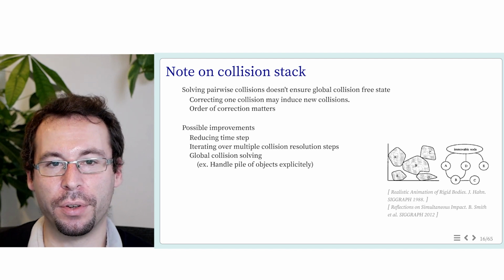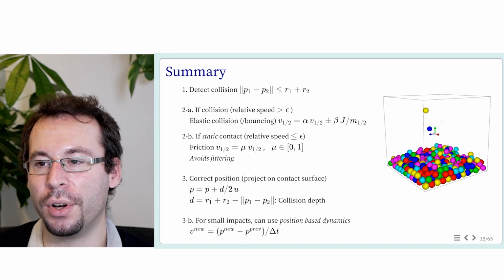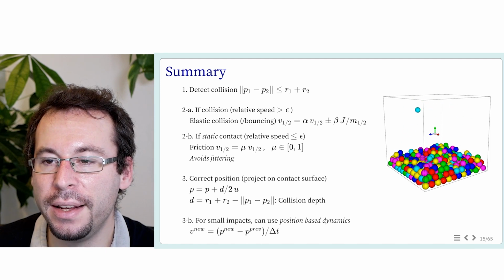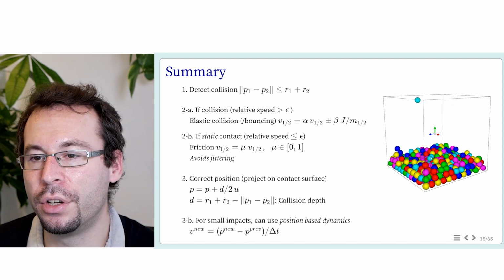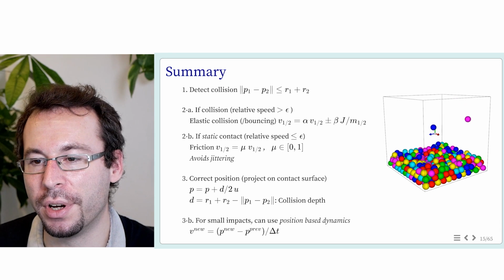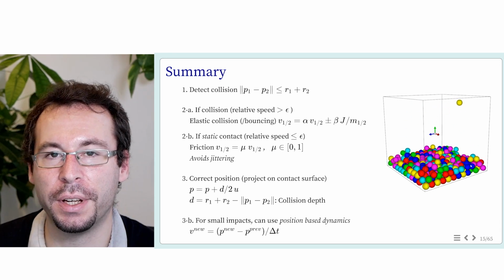So if I want, for instance, in my previous example, to avoid seeing any sphere going out of this cube, I should correct the collision with the plane after I correct the collisions between the spheres. Because I may have spheres that are still in collision, but I may not see it visually. Well, if one sphere is going out of the plane, I'm going to see it very clearly.